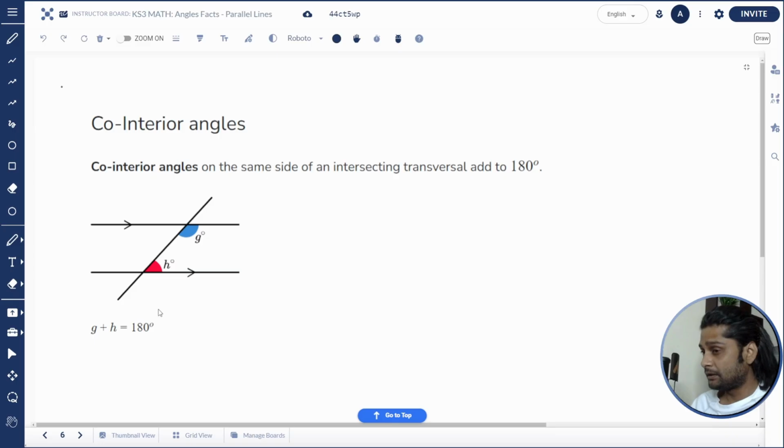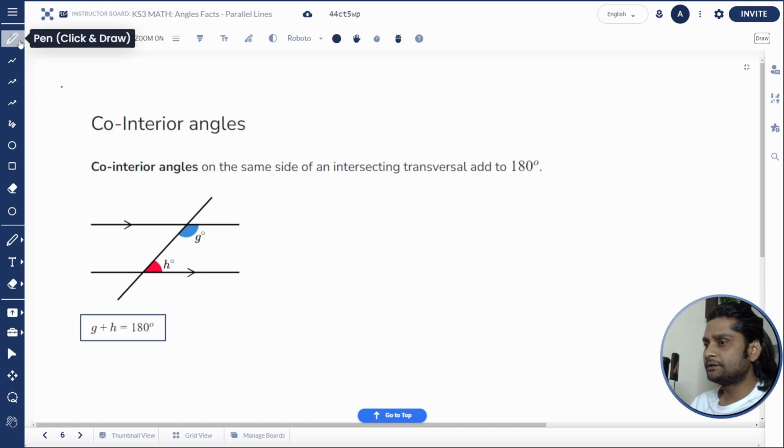Again, they are not equal actually. They're called same side interior angles as well, or allied angles. So what happens here? We have two angles made on the same side in the interior region of the parallel lines. So if we add the two angles here, they are supplementary. Supplementary means their sum is equal to 180 degrees.